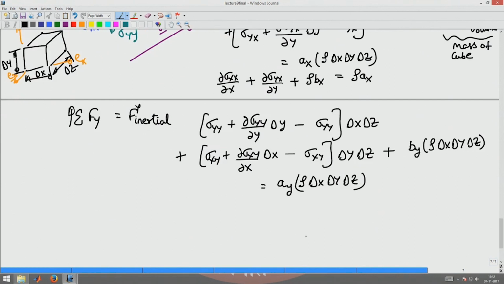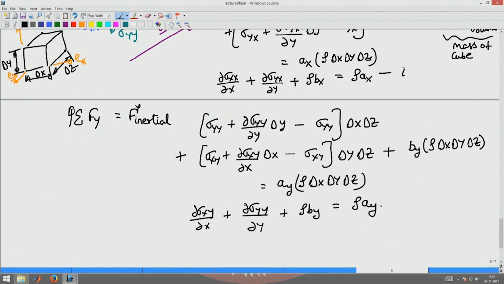So, simplifying this further, we will get the equation dou sigma xy by dou x plus dou sigma yy by dou y plus rho by will be equal to rho times ay. So, if this is the first equation, this is the second equilibrium equation.